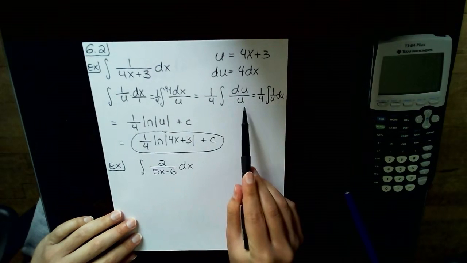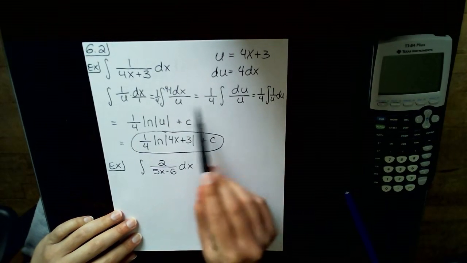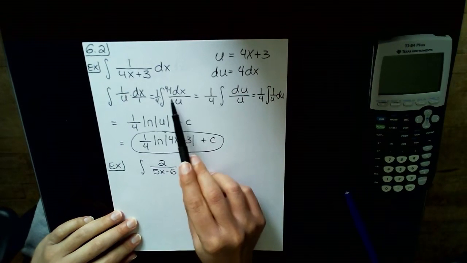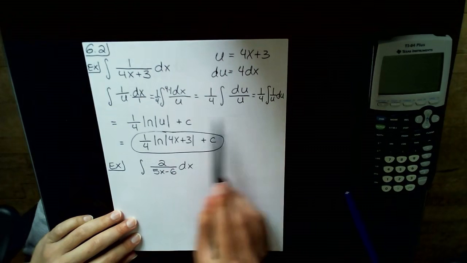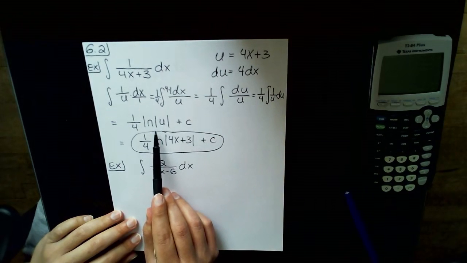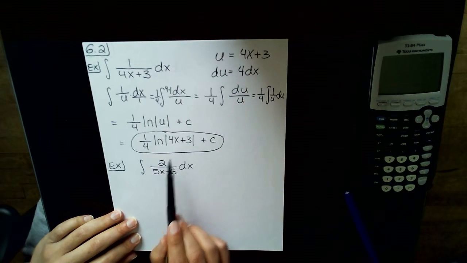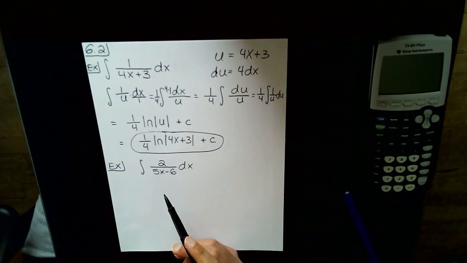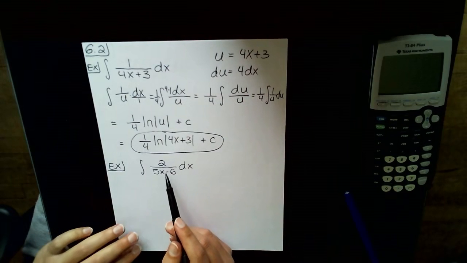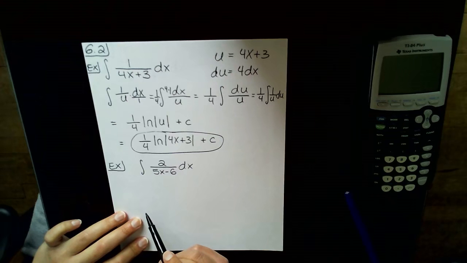We plug u and du in for what we have, and we multiply by a constant along the way if need be. We can then take our antiderivative and then substitute our value of u back into the problem. Okay, with that, go ahead and take a moment to pause the video and try this problem on your own.